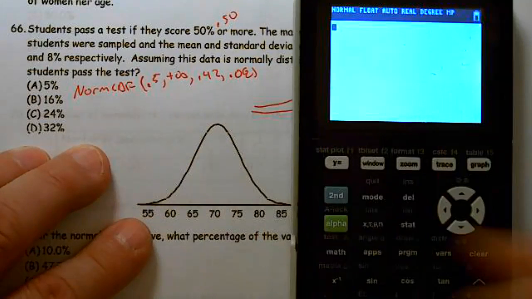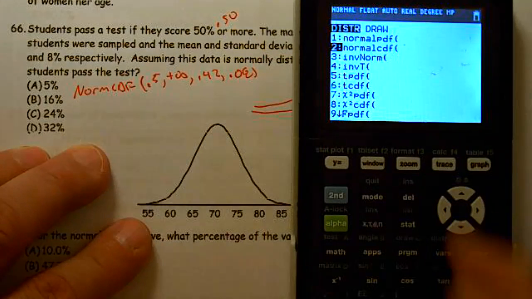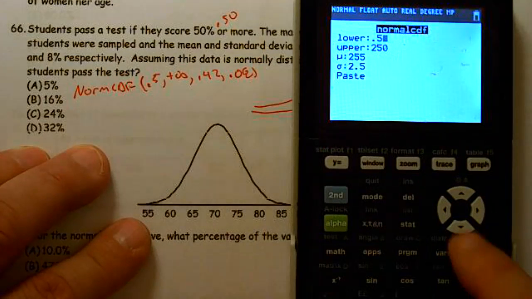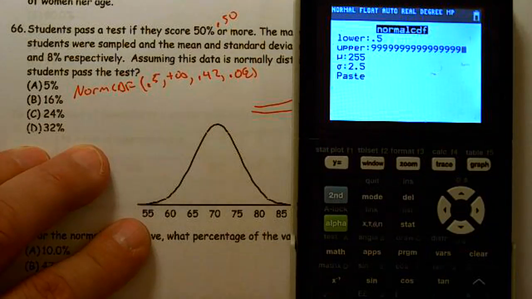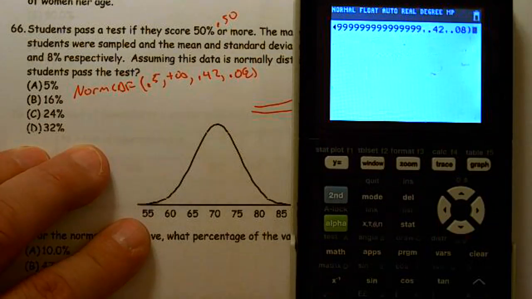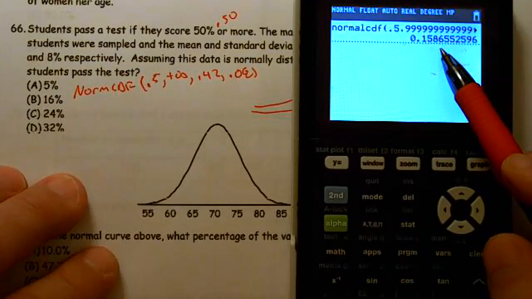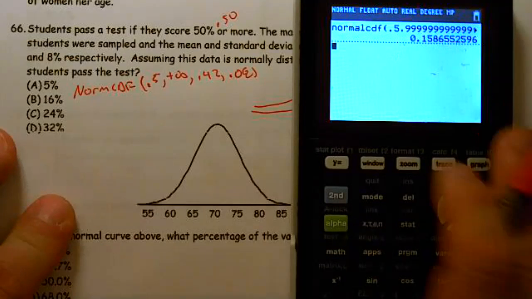So here we go. Second VARS, norm CDF, lower is 0.5, upper, mean of 0.42, standard deviation 0.08, and we end up getting 0.1586, and our closest answer is letter B.